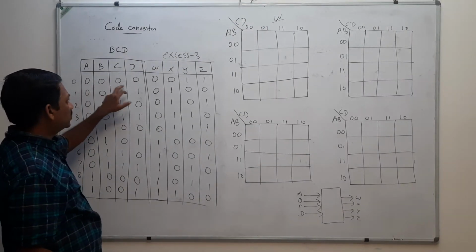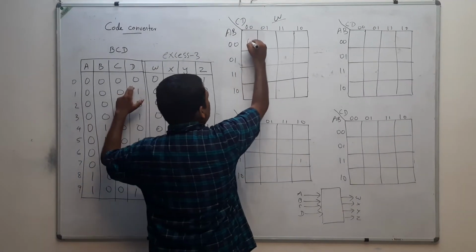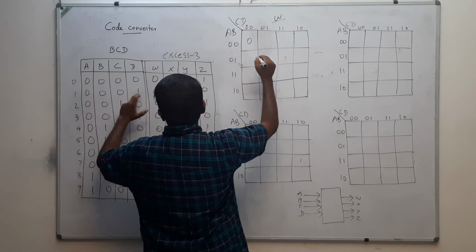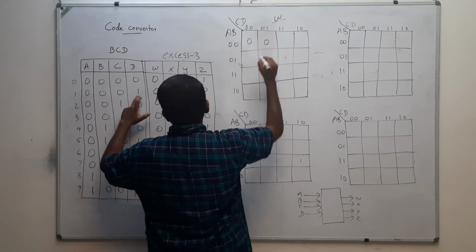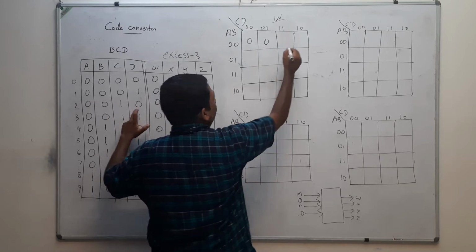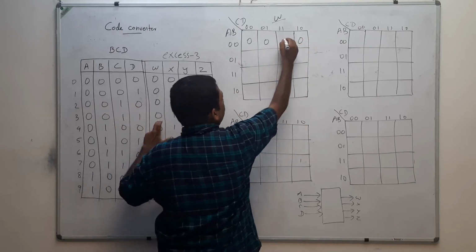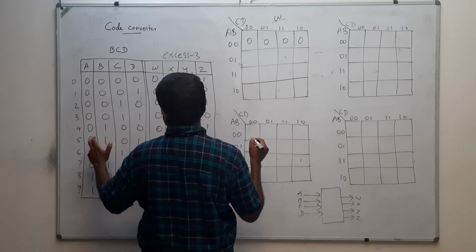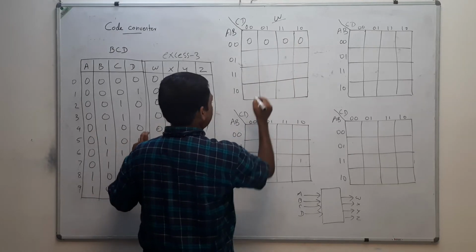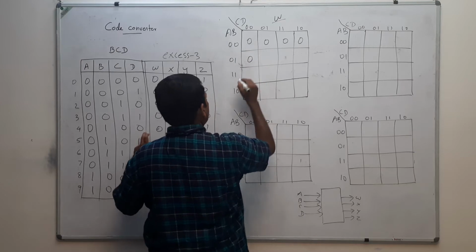That is 0, 0, 0, 0, it is 0. 0, 0, 0, 1, again it is 0. 0, 0, 1, 0, it is 0. 0, 0, 1, 1, it is 0. Now 0, 1, 0, 0, again it is 0.